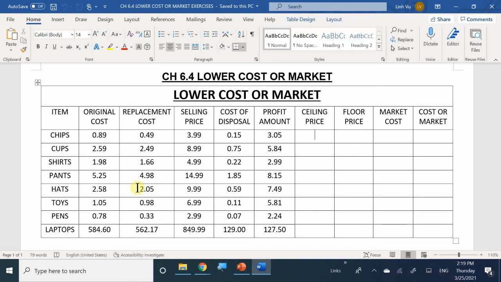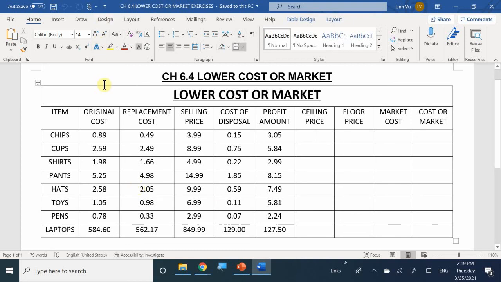They are now worth 49 cents. What I originally sold it for was $3.99. And if I need to dispose of it, get rid of it, throw it away, it's going to cost me 15 cents per bag. And of course, the amount of profit I want to gain out of that is $3.05. So, what is going to be my ceiling price?